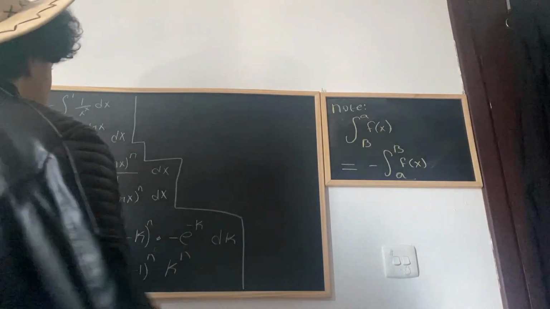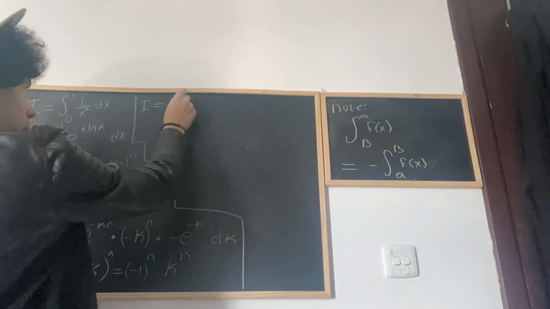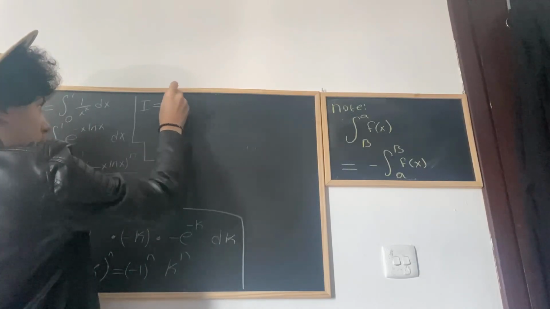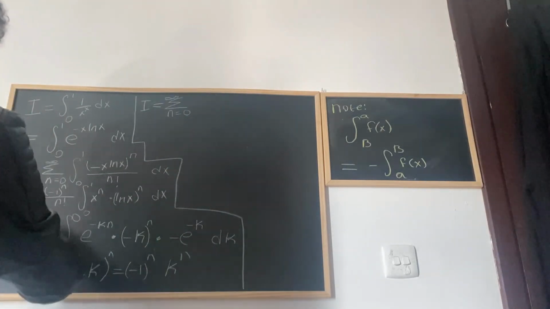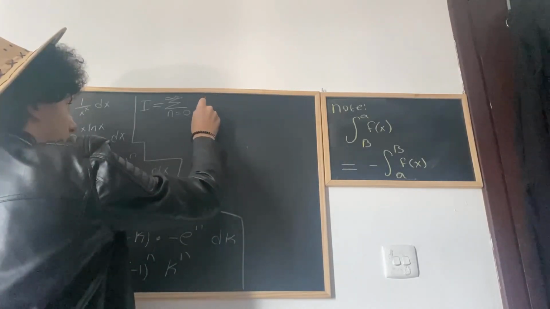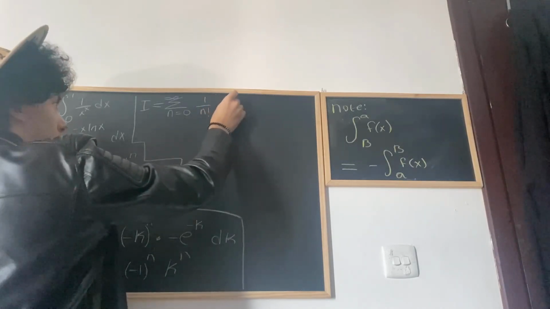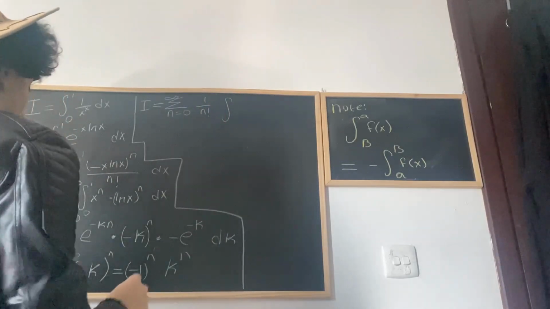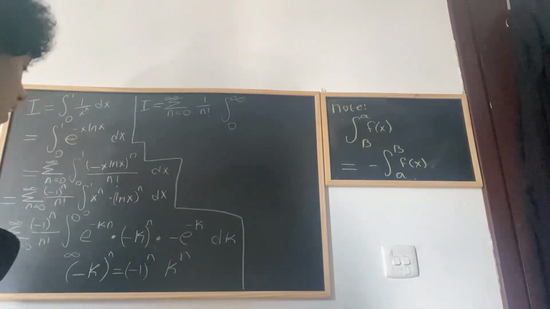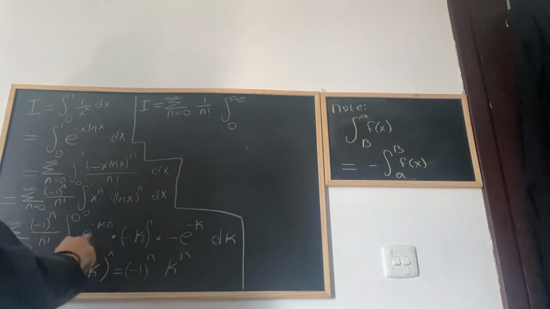Isn't that just amazing? So let's say I is equal to the sum from n equals 0 to infinity of, remember we said that negative 1 to the power of n will turn into a 1, so we say 1 over n factorial multiplied by the integral from 0 to infinity this time. And let's manipulate the inside. So this negative is now gone, meaning we can multiply e by e.